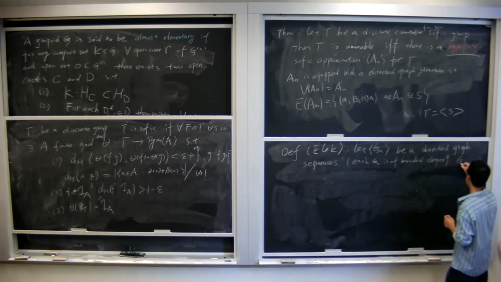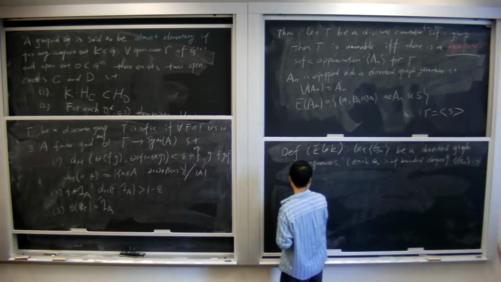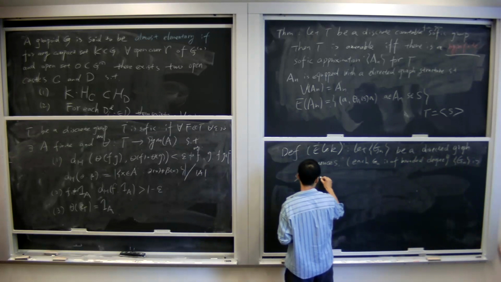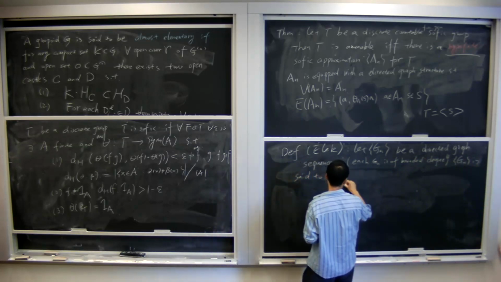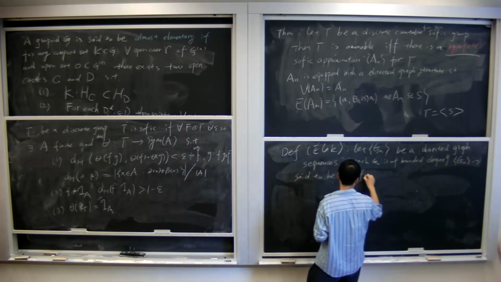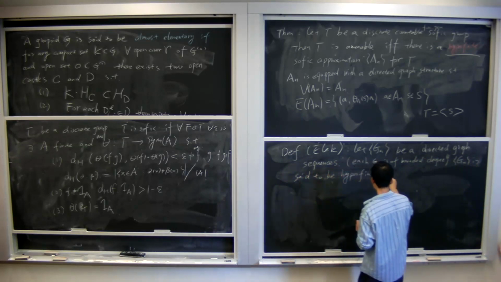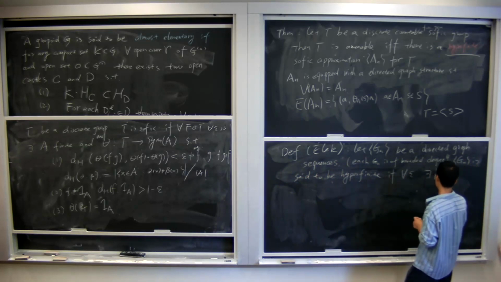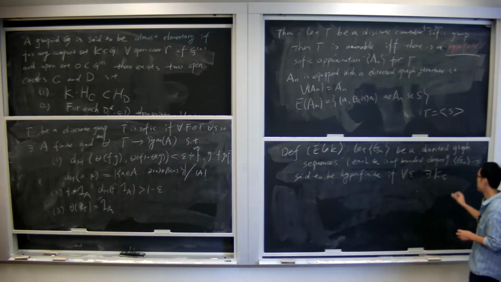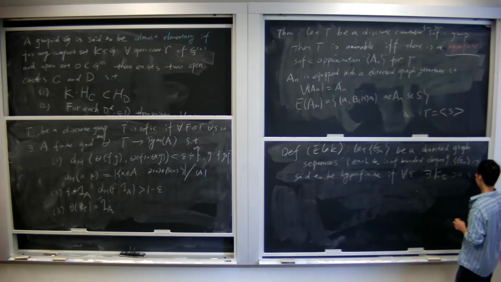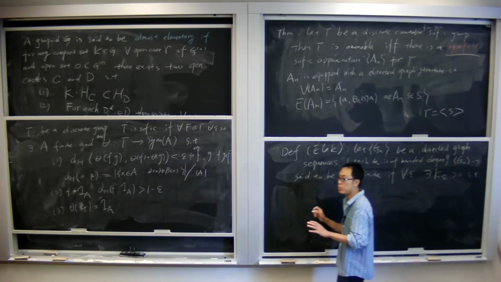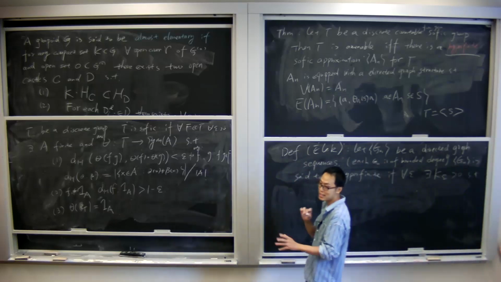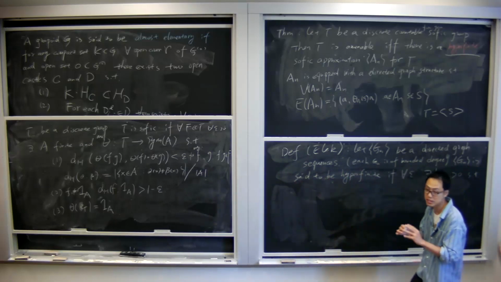So the sequence G_n is said to be hyperfinite if for any epsilon, one can find a big number k_epsilon such that you can always decompose each G_n into several pieces. How many pieces doesn't matter.